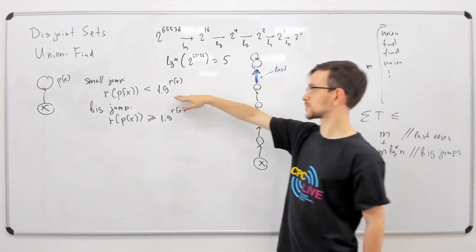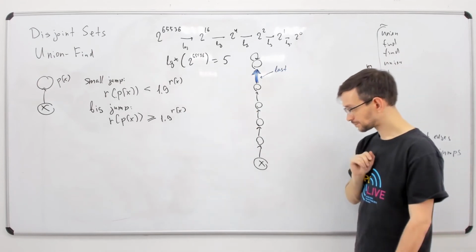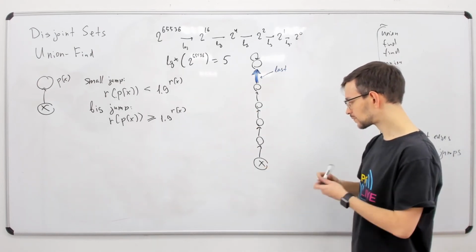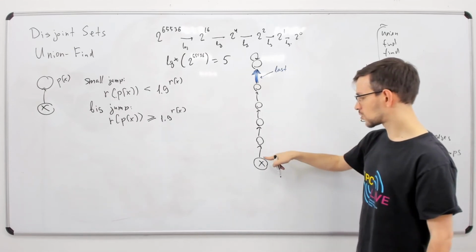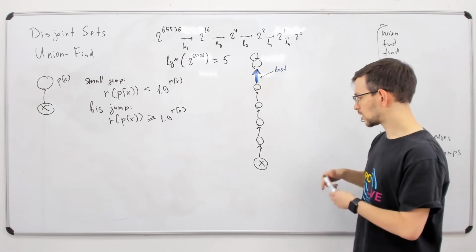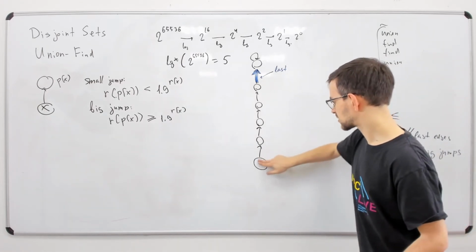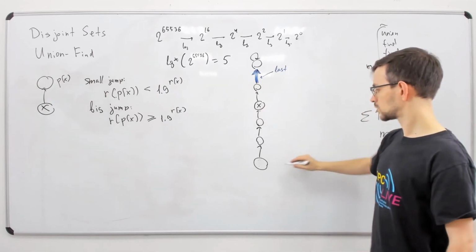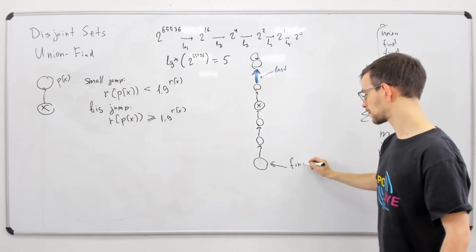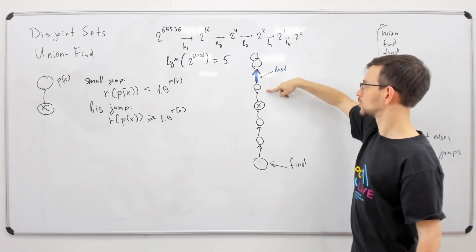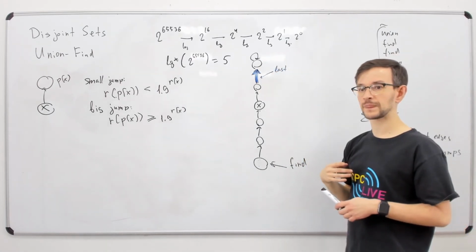Let's look at small jumps. Let's look at element x. So, let's look at the edge from x to its parent. Imagine x is not here, x is somewhere here. So we start find from here, go to element x, then use this edge and go up to the root.